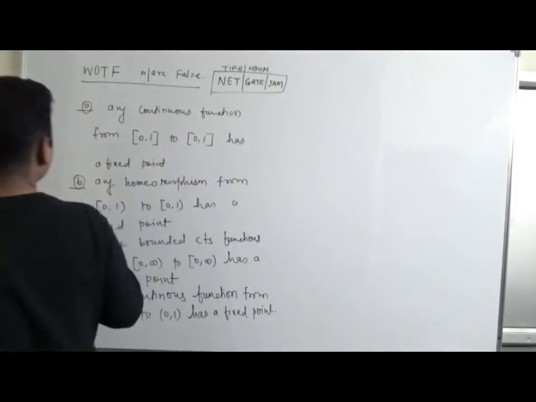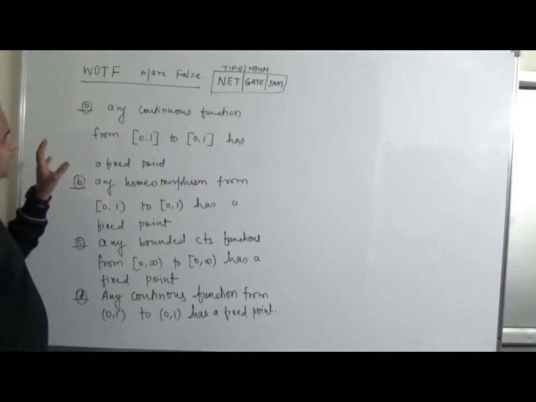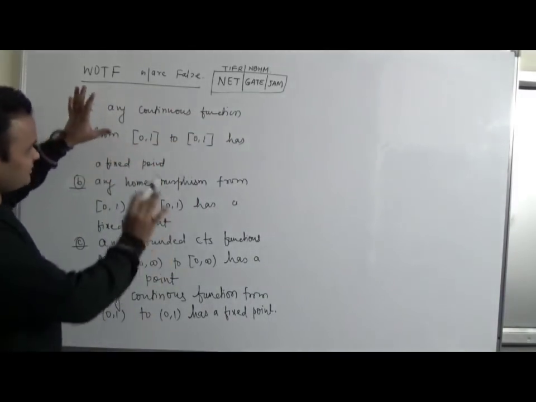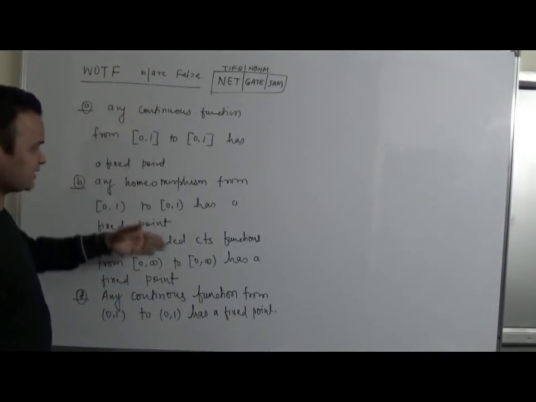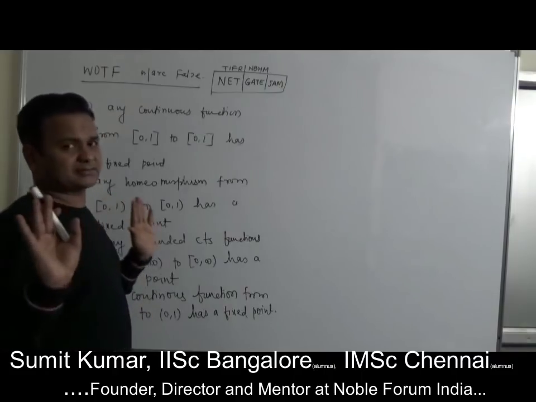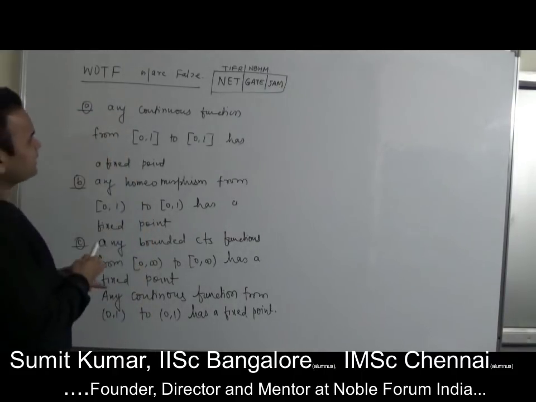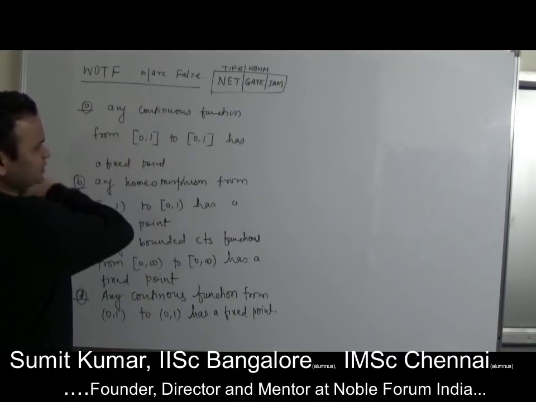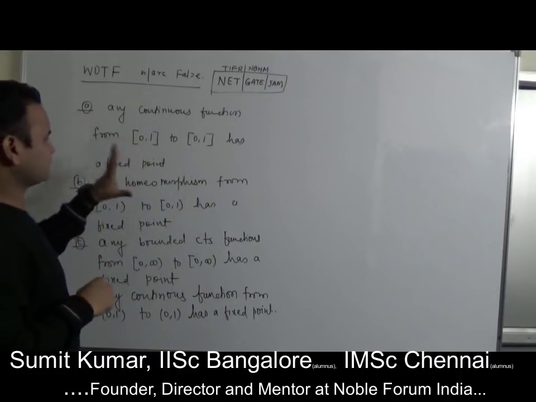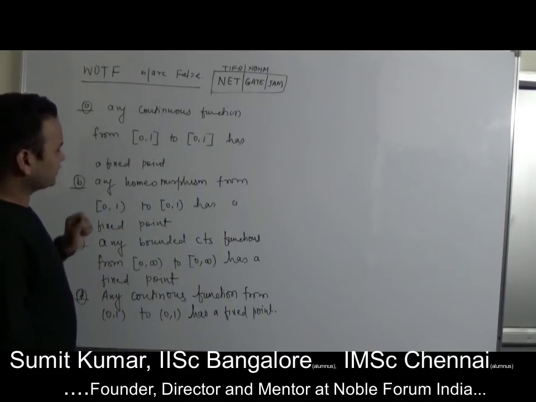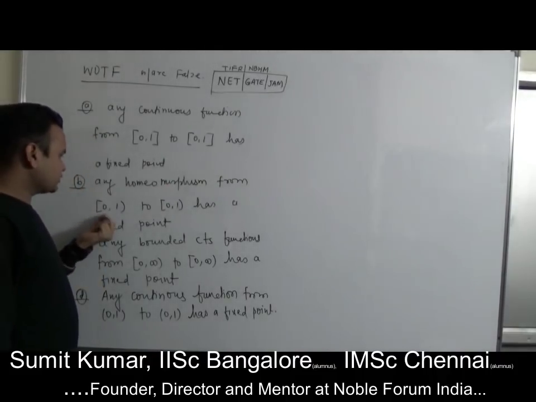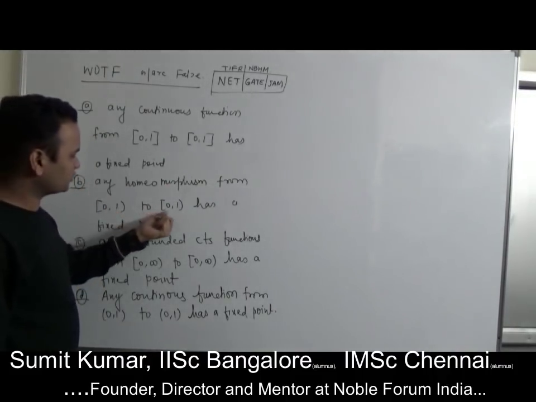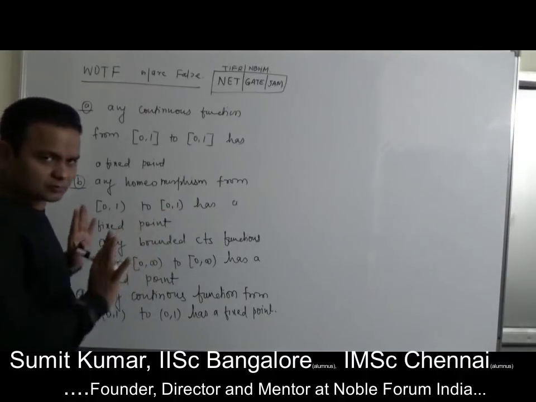So the question here is very simple. Any continuous function, so this is the assignment: which of the following is false? Which is correct, which is wrong? That's a simple question. First one: any continuous function from the closed interval [0,1] to the closed interval [0,1] has a fixed point. Number 2: any homeomorphism from [0,1) to [0,1) has a fixed point.